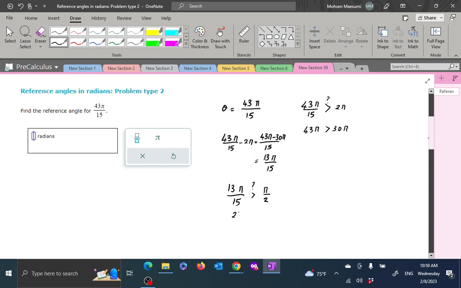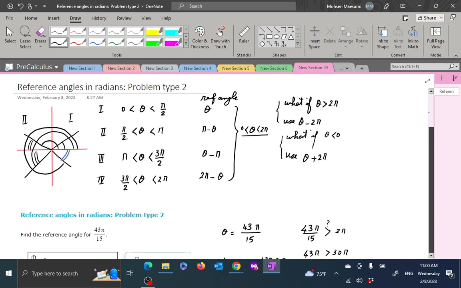So this becomes 26 pi and this becomes 15 pi. Where does 30 come from? 15 times 2. I multiply by 30 so that the denominators clear out, and I know that this is larger than that. It means this angle is more than pi over 2, which means I am in quadrant 2.